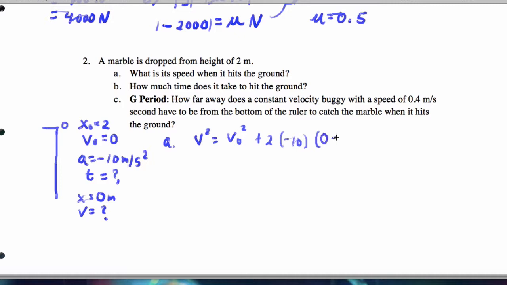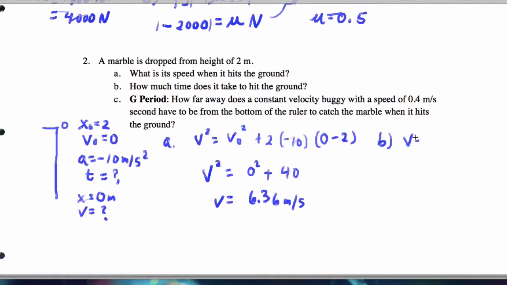That's going to be 0 minus 2. And so we're going to end up getting v squared is 0 squared plus 40. So v ends up being about 6.36 meters per second.